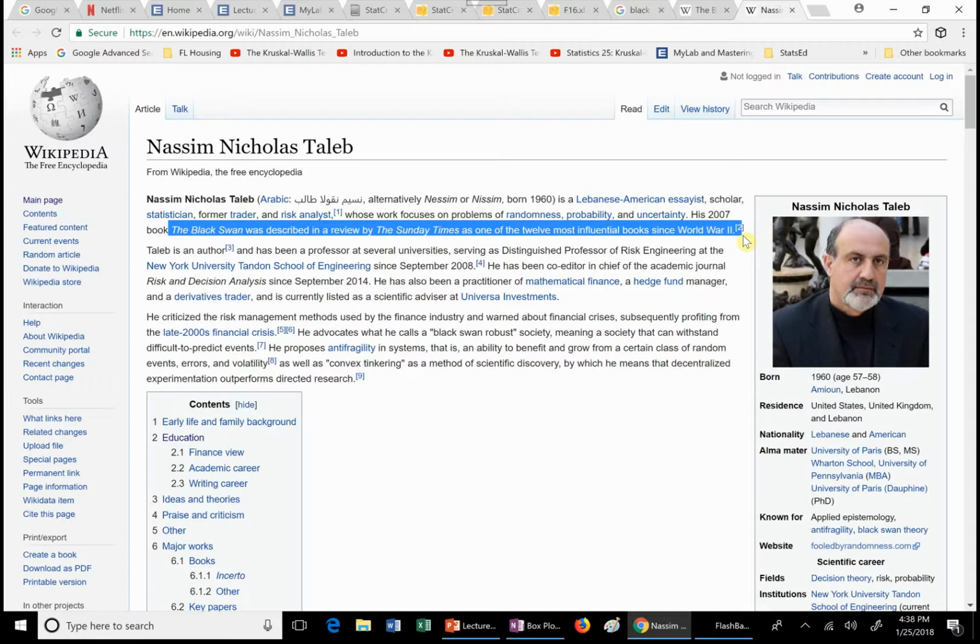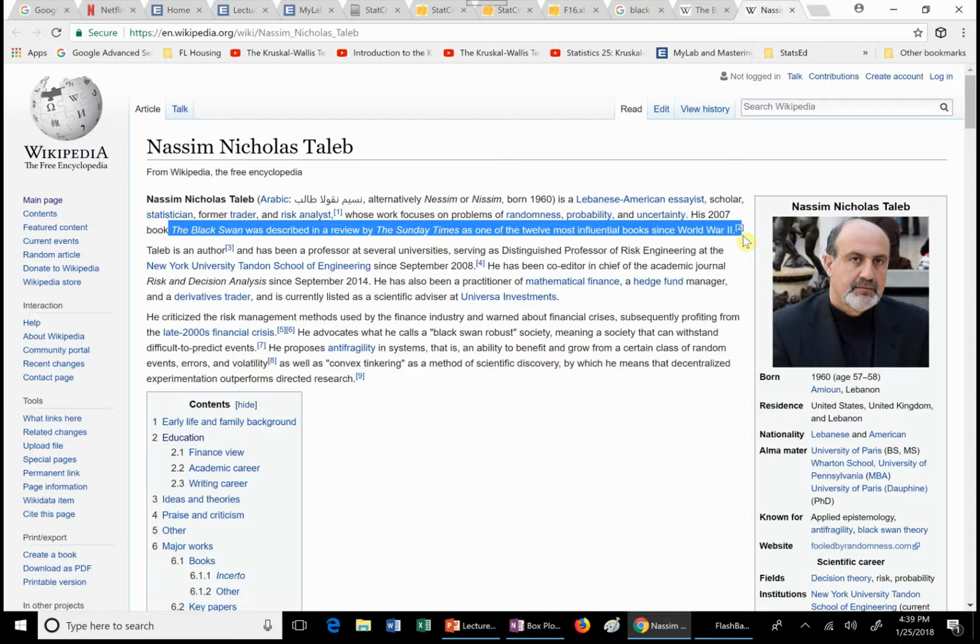But this guy here is an individual, his name is Nassim Taleb. He wrote a book called The Black Swan. Black swans are very rare, right? Basically he made a small fortune out of looking at outliers. And the New York Times said it's one of the 12 most influential books since World War II.